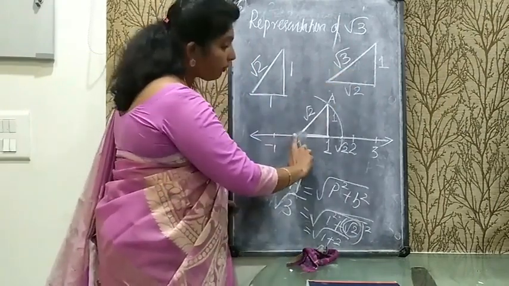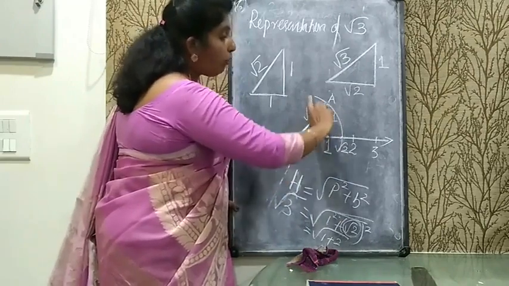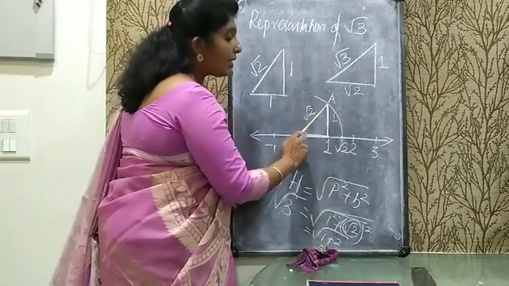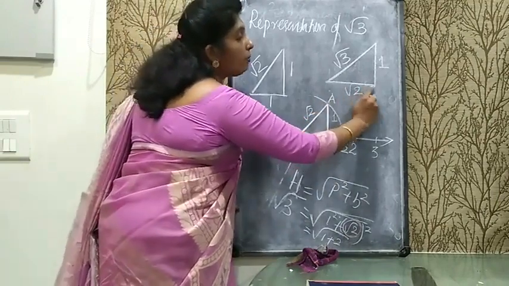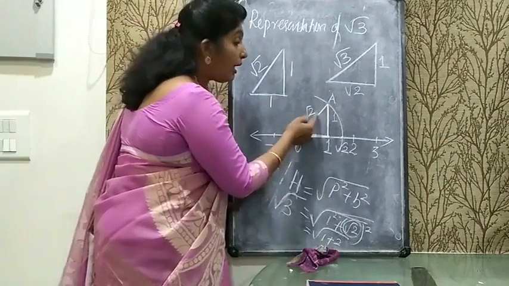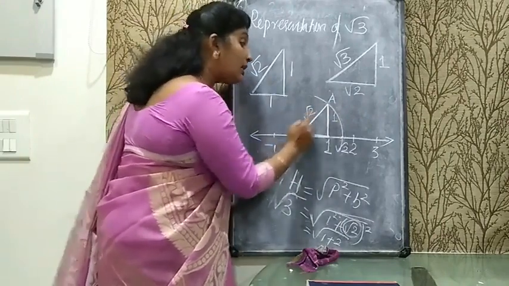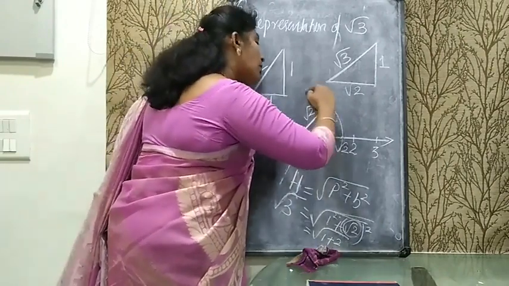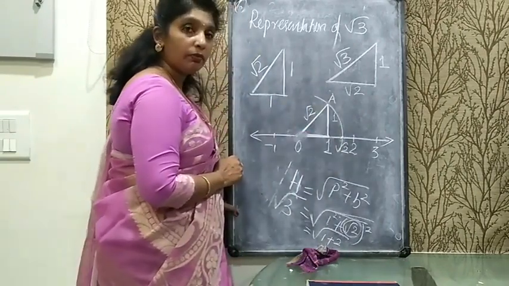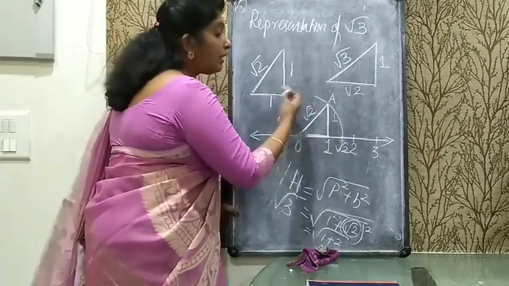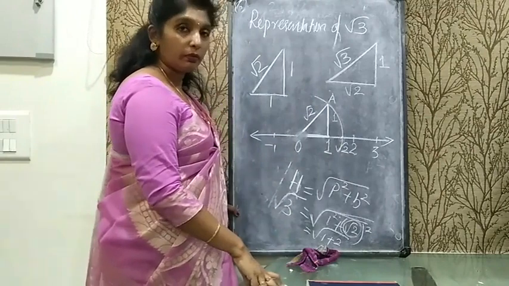So here I will make a right angle triangle whose base is already root 2. Just you see, base we need as root 2, so here already this is root 2. I will make the next right angle triangle with base as this, because this is already root 2, and here I will draw the perpendicular. Okay, and I will complete the right angle triangle as a continuation of root 2.